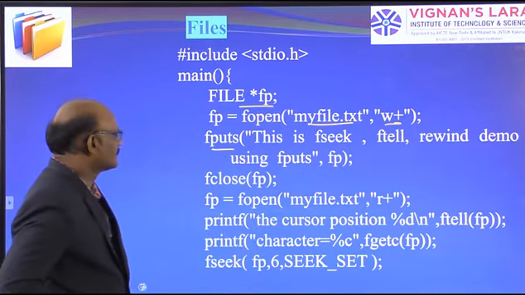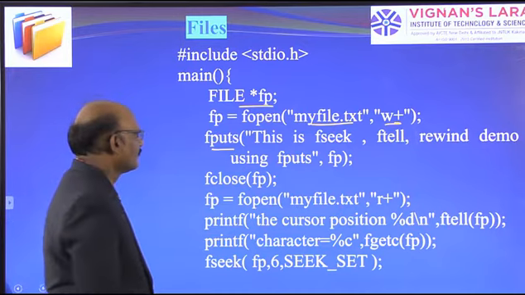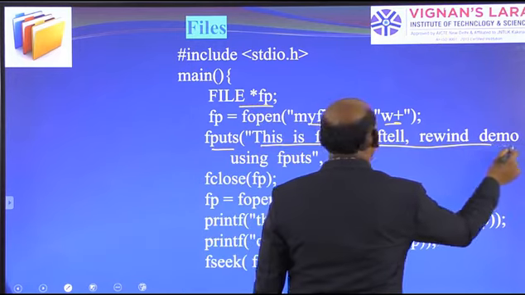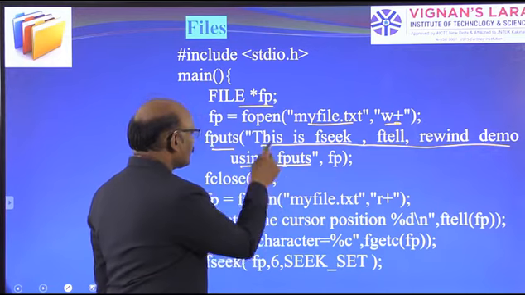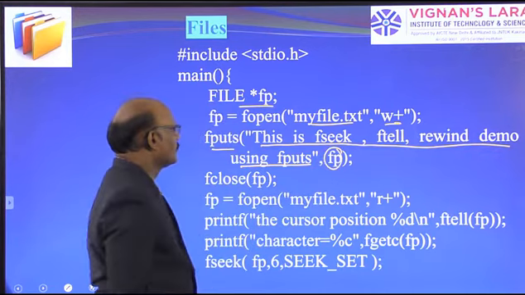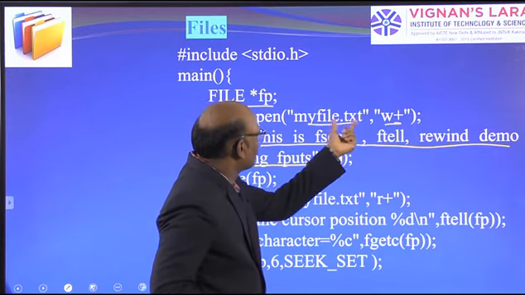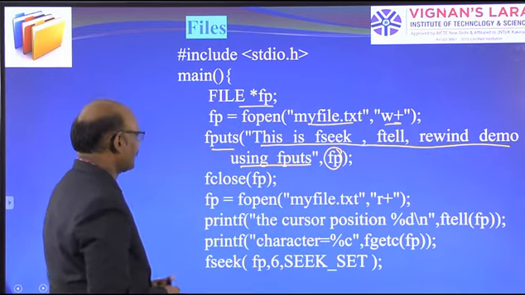The fputs function is used to put a string into the file. Here my string is, "This is fseek, ftell, rewind demo using fputs." I want to put the entire string into the file myfile.txt using the file pointer.